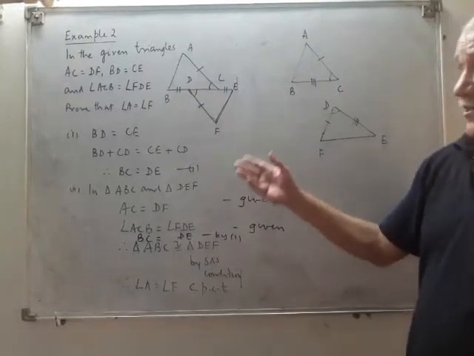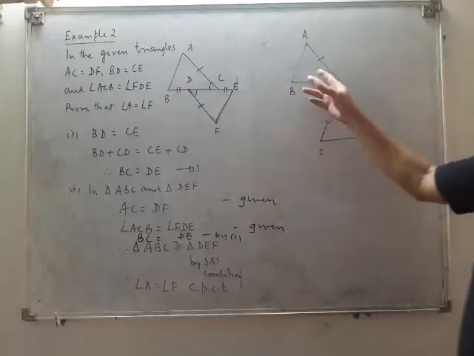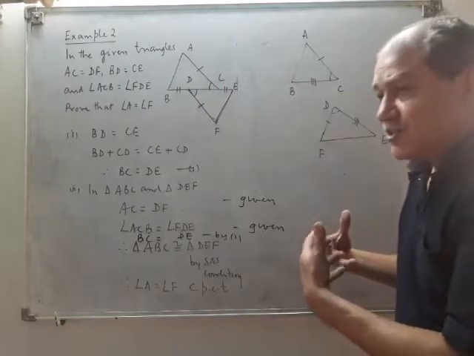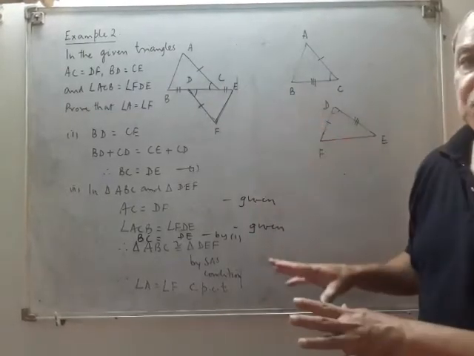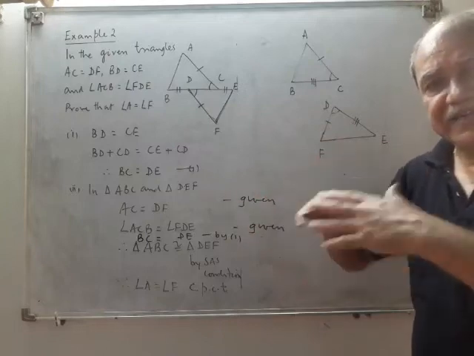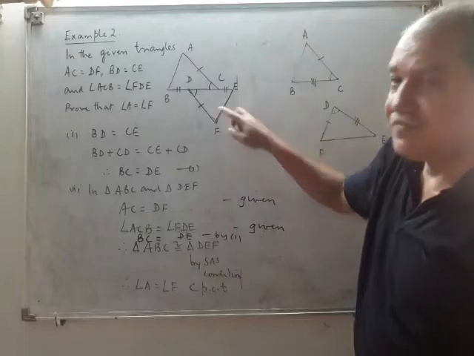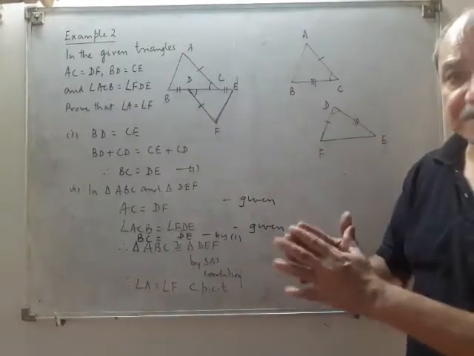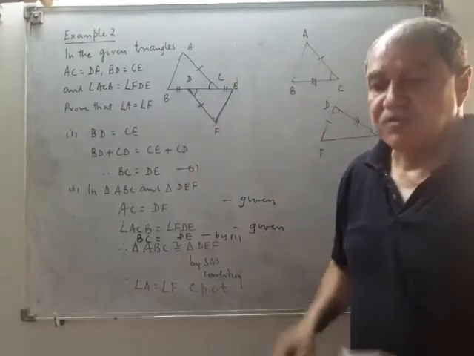So you see how with the help of the conditions of congruency, you can prove two triangles to be congruent, and then using the definition of congruent triangles, all the sides are equal, all the angles are equal. We can prove and establish that angle A and angle F are also equal. Because triangle ABC and DEF are congruent, the corresponding angles and the corresponding sides are also equal.